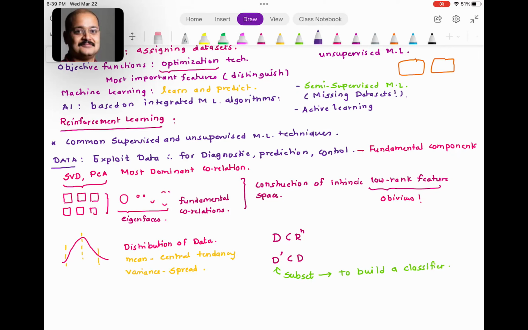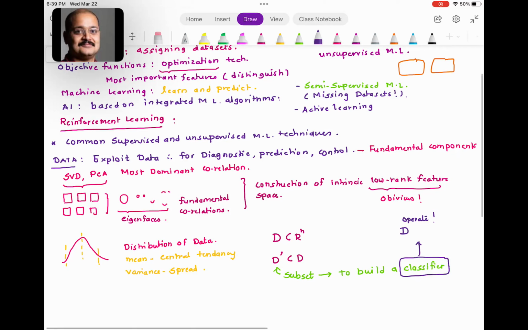The purpose of this classifier is that even though it is built on this subset, it should be able to operate on this big data set D. It should operate on this big data set D. So clearly, how would we write this whole thing mathematically?